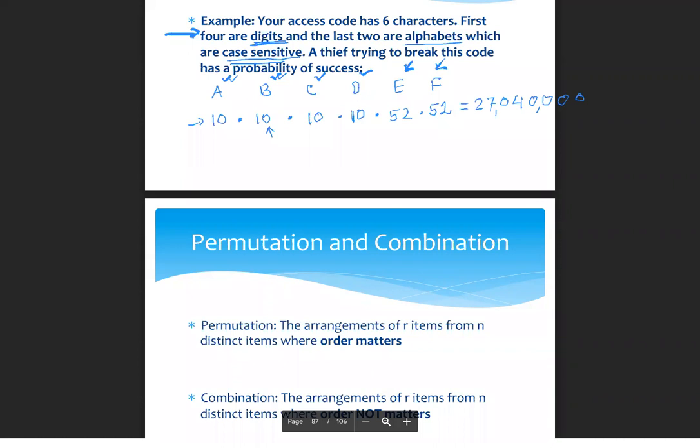To be precise, 27,040,000 different ways one could select an access code. Now, out of all of them, yours will be one particular one, right? Yours will be one particular one.